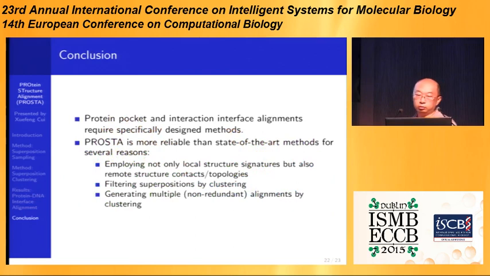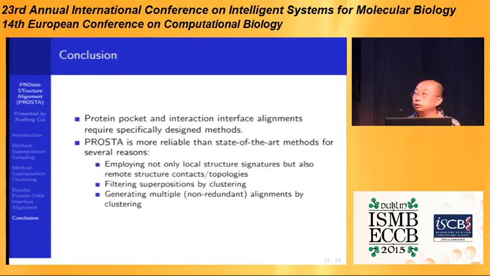So in conclusion, we presented a new work to perform sequence order independent alignments between protein interfaces. And we show that we have to specifically design a method for this kind of problem.